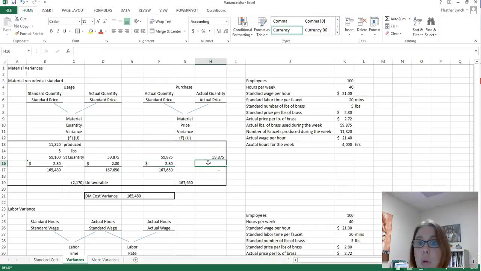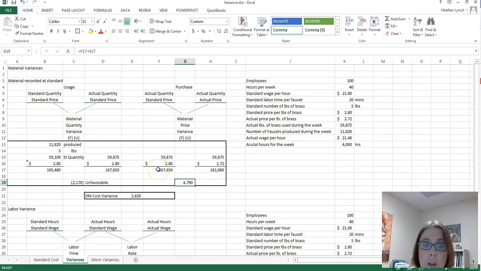Our actual price that we paid for the brass came over here, which was $2.72. So since we have a positive, when we're looking at this, we're just taking the difference between the 167,650 and the 162,860.